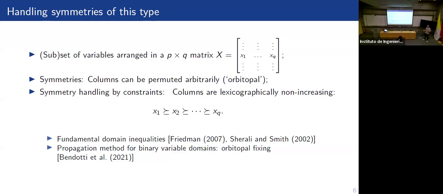It found its way in many mixed integer programming solvers. And what we showed is, Bendotti has shown that this is possible for binary variable domains. And in our work, the paper that I wrote together with Christopher, the unified framework for symmetry handling, there we show that it can be done for arbitrary variable domains. So that symmetries can be handled on arbitrary integer variables.